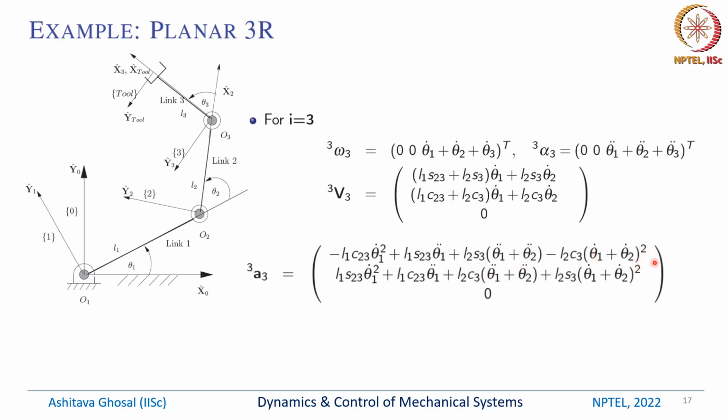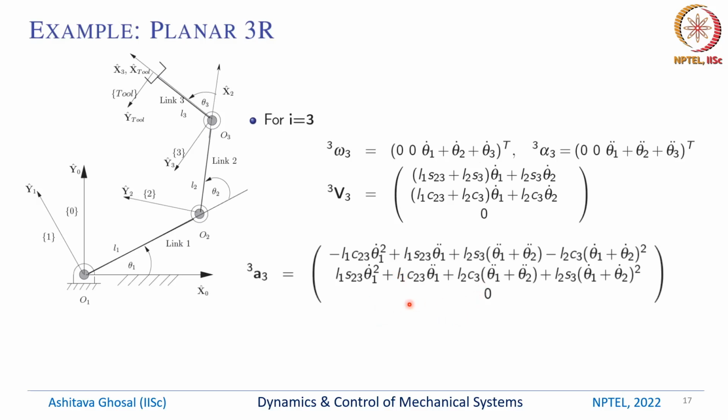These are the centripetal terms, this θ1 dot square and θ1 dot plus θ2 dot square. These, on the other hand, are the tangential acceleration terms. So there is a velocity which is happening, θ1 dot, and then there is θ2 dot. Because of this θ1 dot square and θ2 dot square, there will be some centripetal acceleration term.